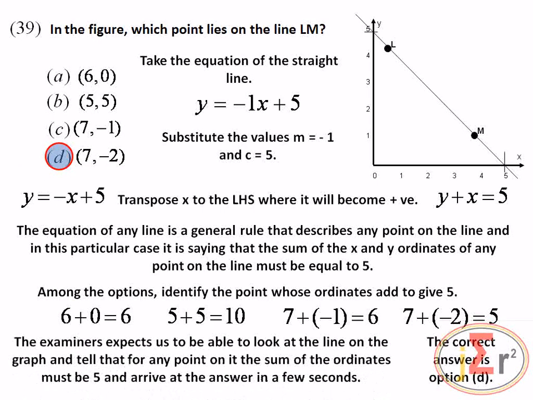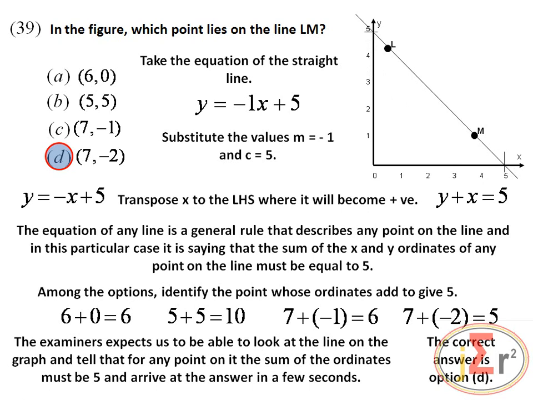The examiner expects us to be able to look at the line on the graph and tell that for any point on it, the sum of the ordinates must be 5, and arrive at the answer in a few seconds. So what is expected of us is to understand that if a line crosses the y-axis at, say, 4, and the x-axis at 4, the equation of that line will be x plus y is equal to 4.